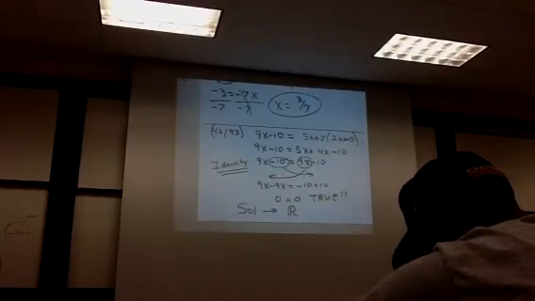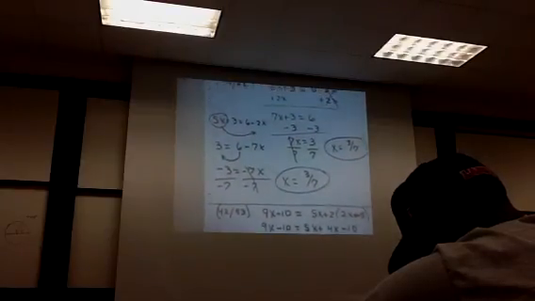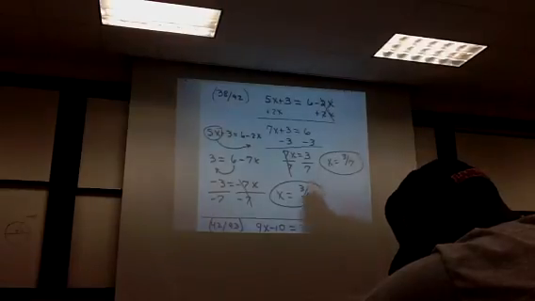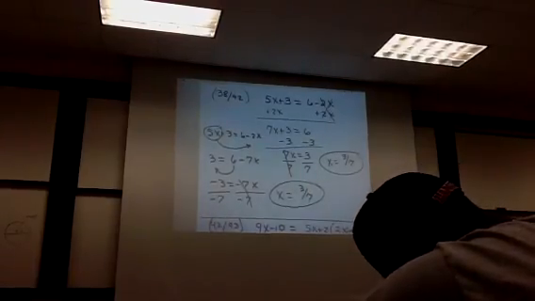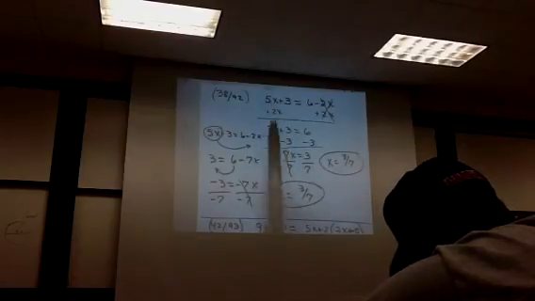With these two examples, ladies and gentlemen, you have seen two things that can happen when I solve an equation. The most common thing that happens is I get an answer. X is 3/7. X is 4. X is negative 2. That's called a conditional equation.